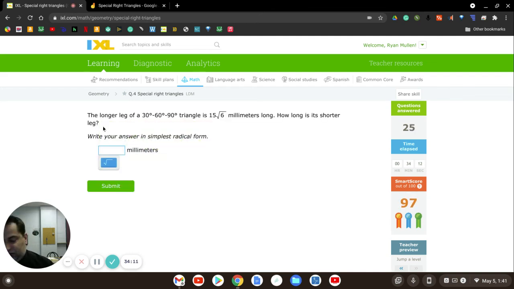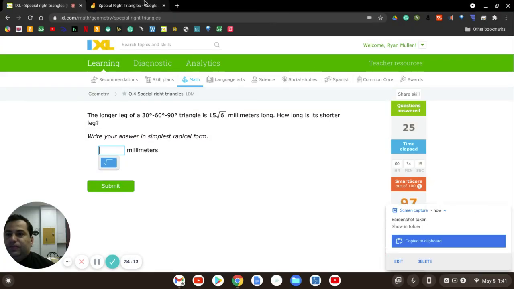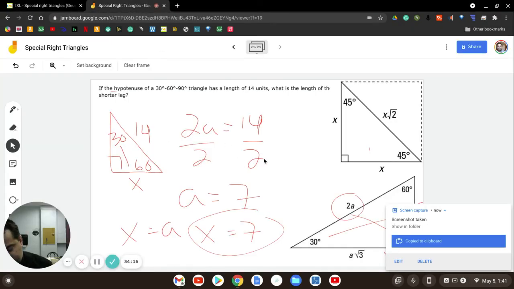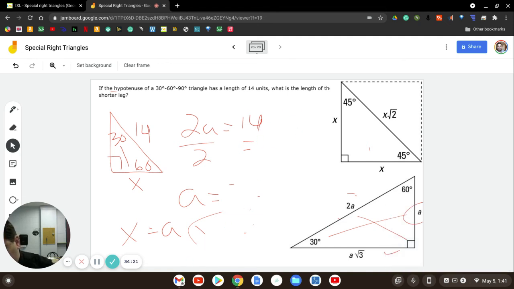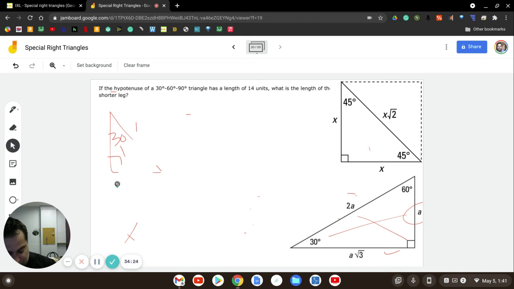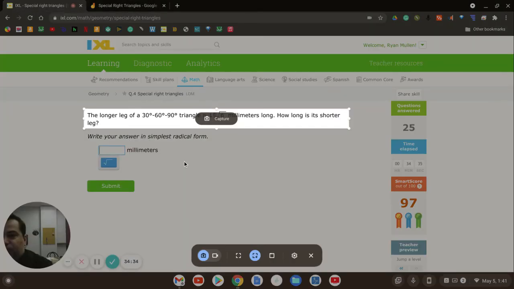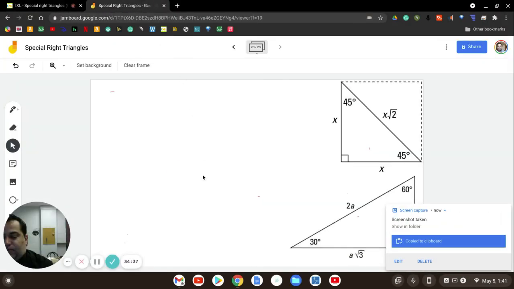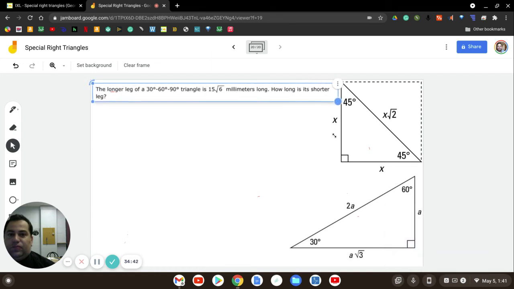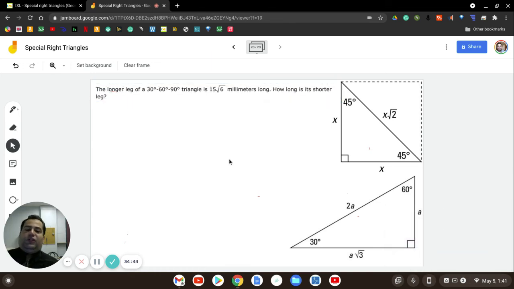All right, let's get this one. The longer leg of a 30, 60, 90 triangle is going to be 15 square root of 6.